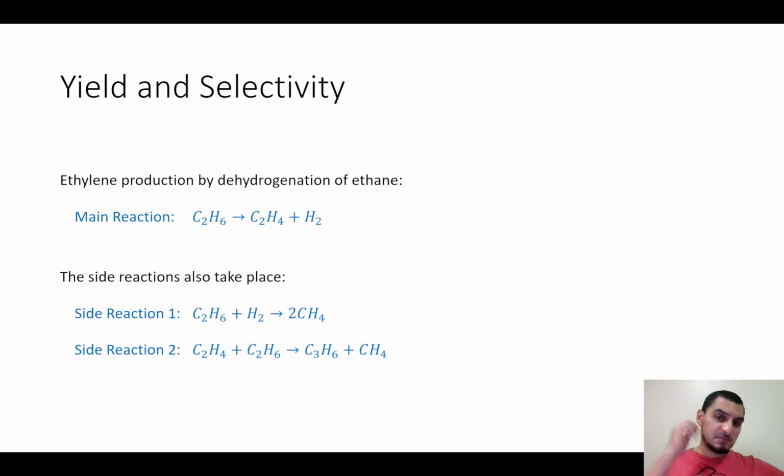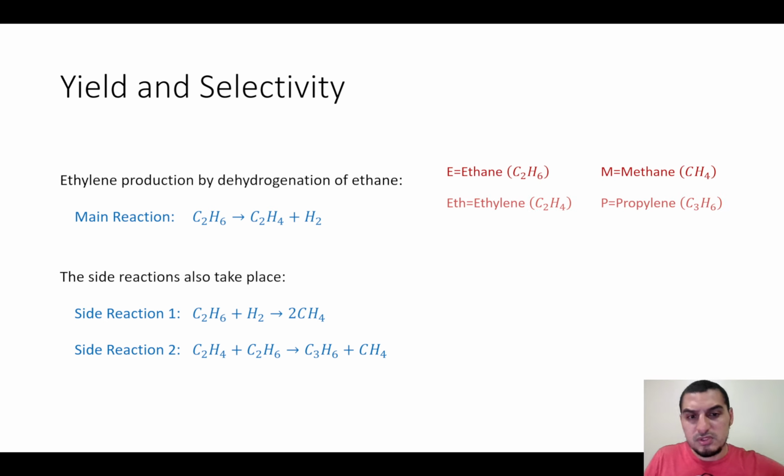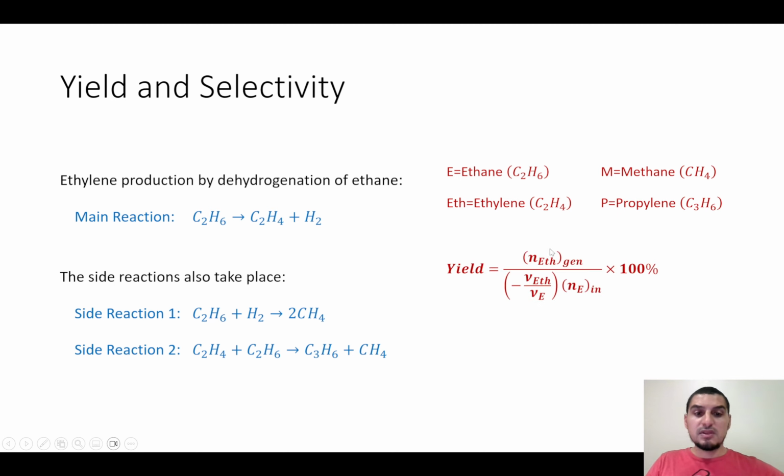So let's apply this to the equations that we have here. These are the same equations that we started with in this video. If we put symbols for ethane to be E, ethylene to be ETH, methane is M, propylene is P, then the yield is going to be for the desired product. It is the number of moles of ethylene generated divided by the number of moles of ethylene that would be theoretically generated.